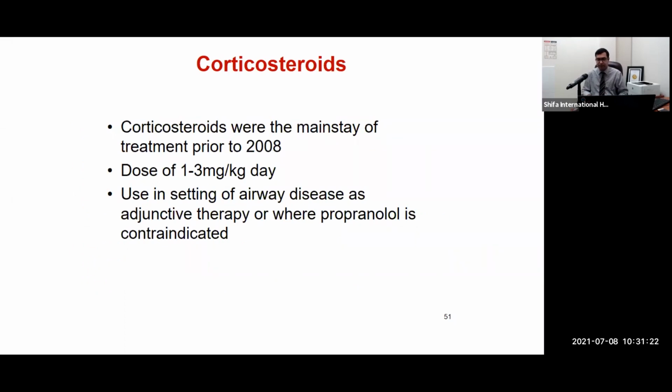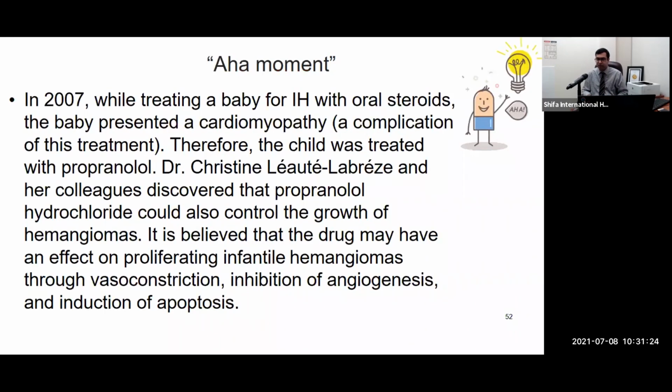Steroids were used prior to 2008, but in 2007 in France, one of our colleagues, Dr. Christine Labrèze, and her colleagues had a child in intensive care with steroid-induced cardiomyopathy who was given propranolol because of the cardiomyopathy.